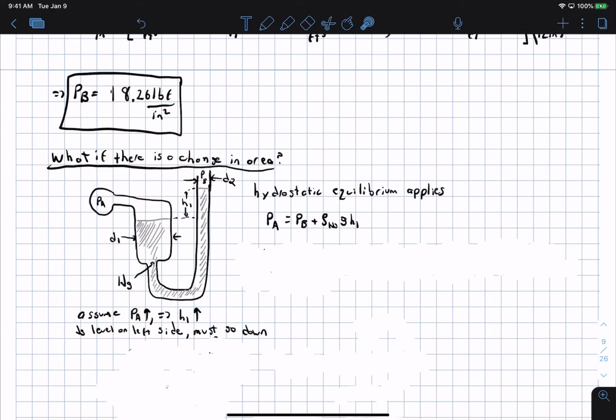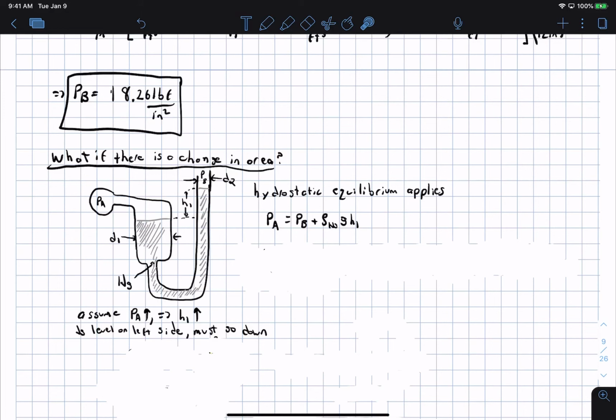Now, what normally happens if you have a flow device in a plant is you will typically calibrate a manometer to a specific pressure.